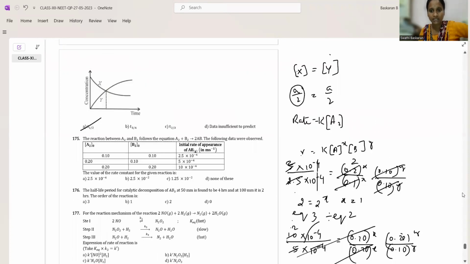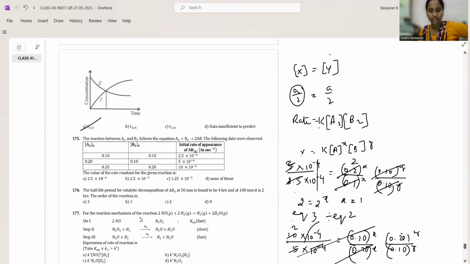Which means that it is a second order reaction. Okay, it's a second order reaction, that is B2. Now we have to calculate the value of the rate constant, that is K.